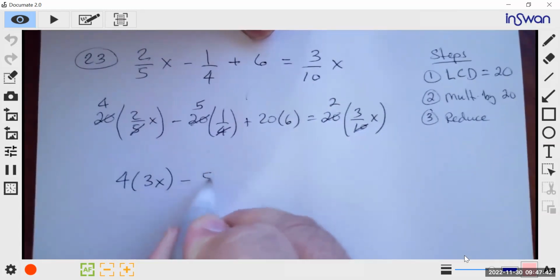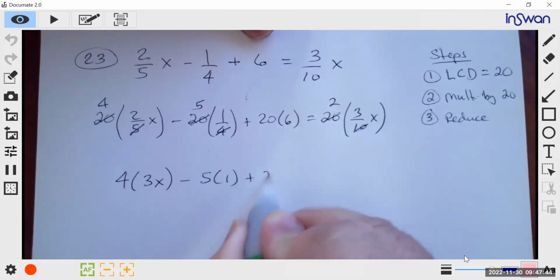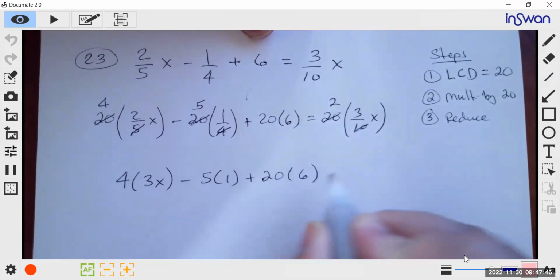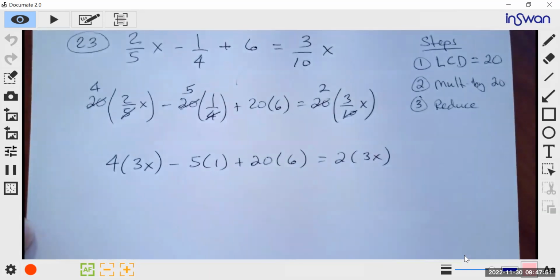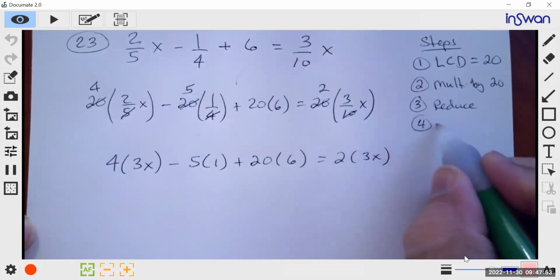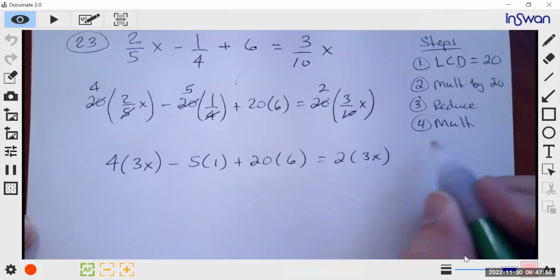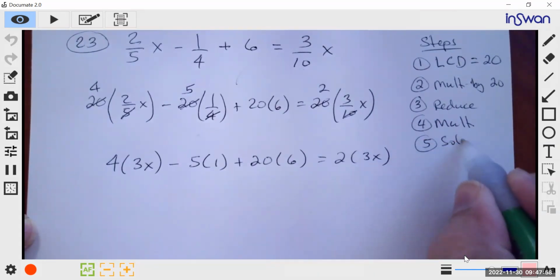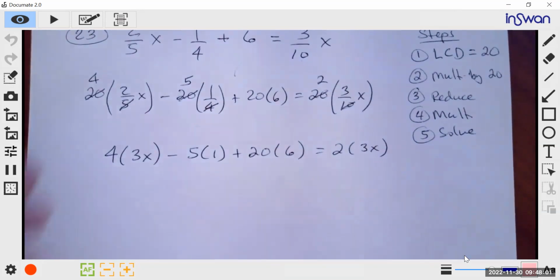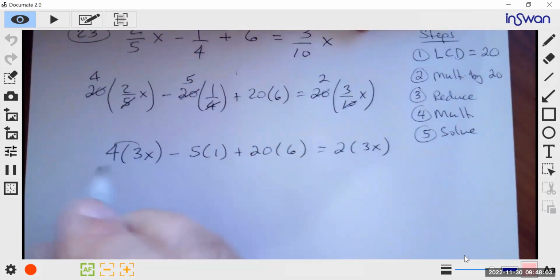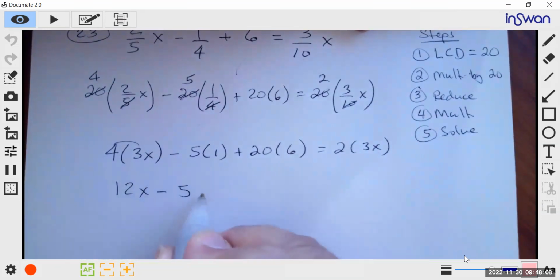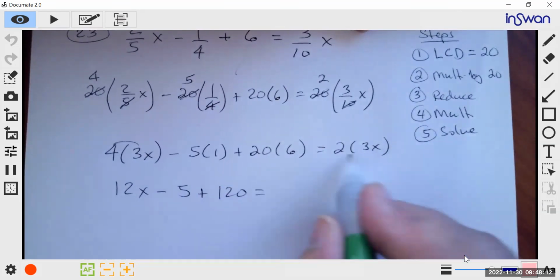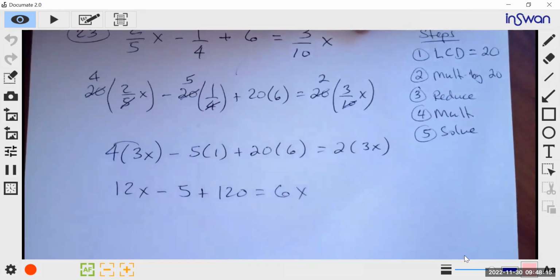So what our equation now looks like, there's no fractions. Multiply to get rid of the parentheses and solve. 4 times 2 is 8x. 5 times 1 is 5. 20 times 6 is 120. 2 times 3 is 6.